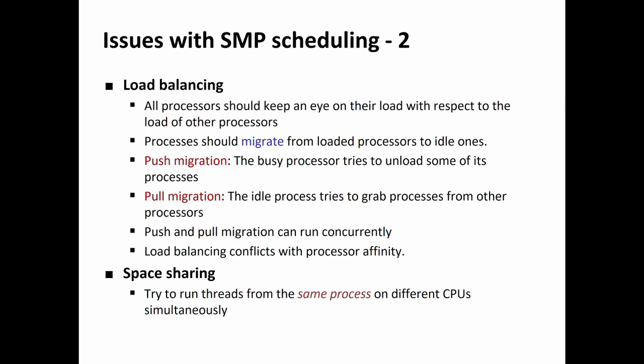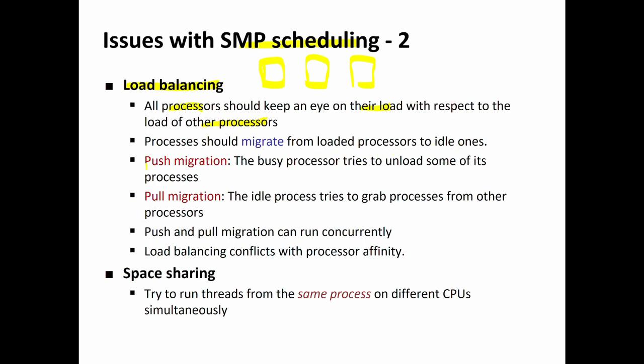Now, in SMP scheduling, what you want to do is load balancing. You don't want one processor running at 100% and the other cores running way less, like 10%, 20%, and so on. So all processors should keep an eye on their load with respect to the load of other processors, and try to migrate processes from the loaded processor to an idle one.